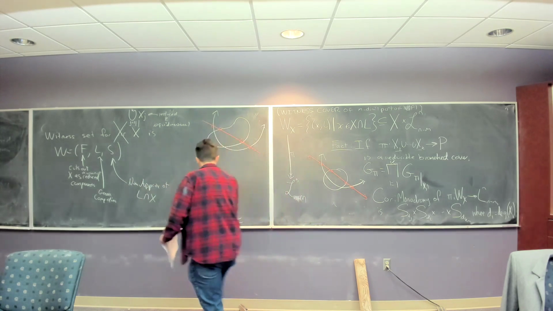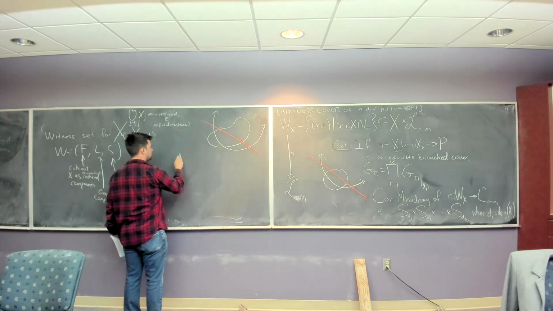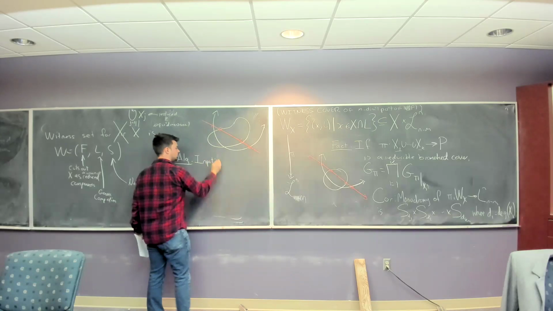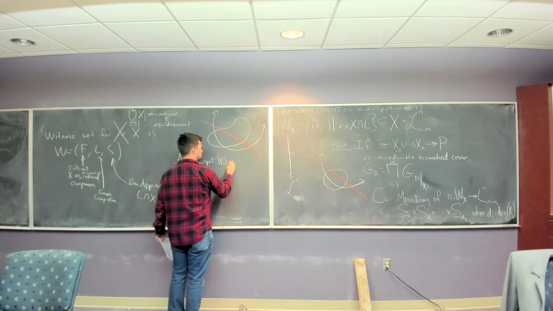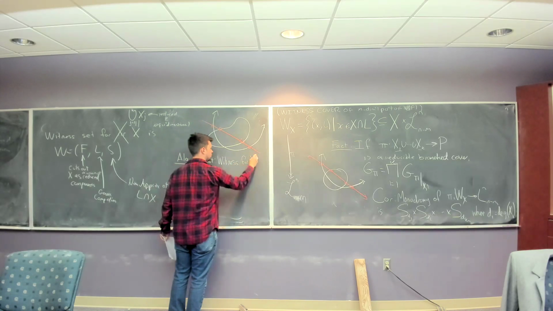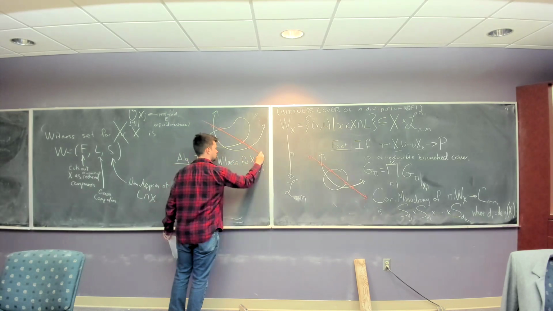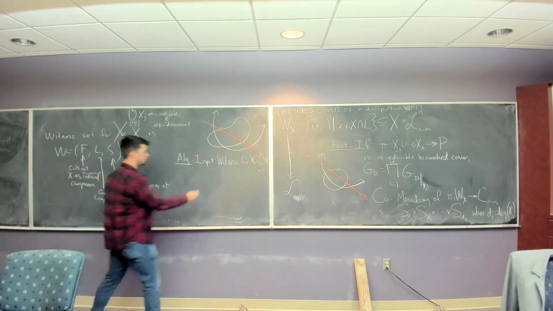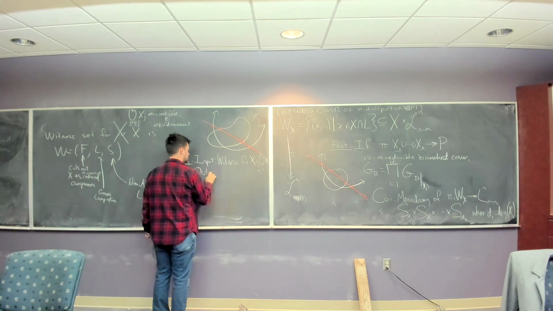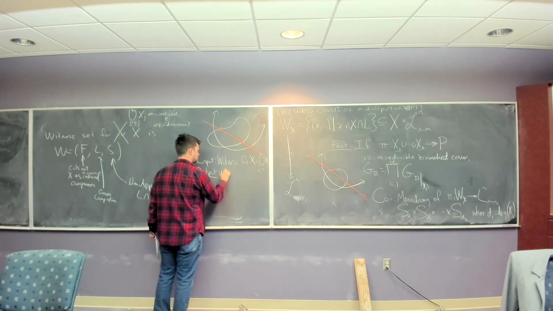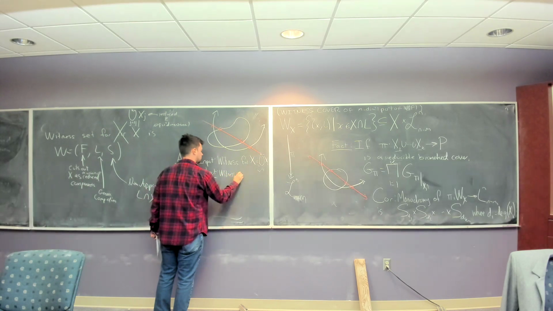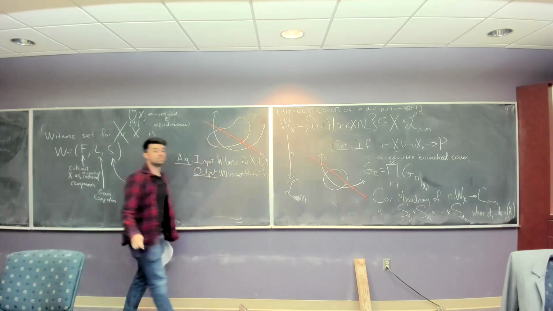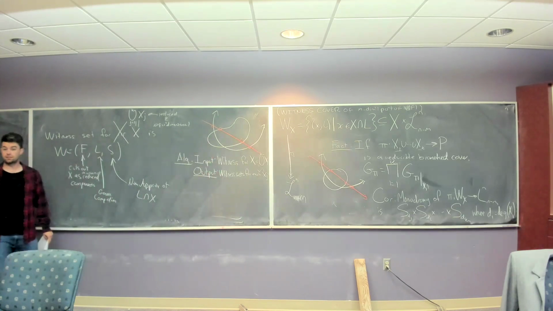So let's get an algorithm. Somebody gives you a witness set like this picture. That's the input. Output: a witness set for each of the components.